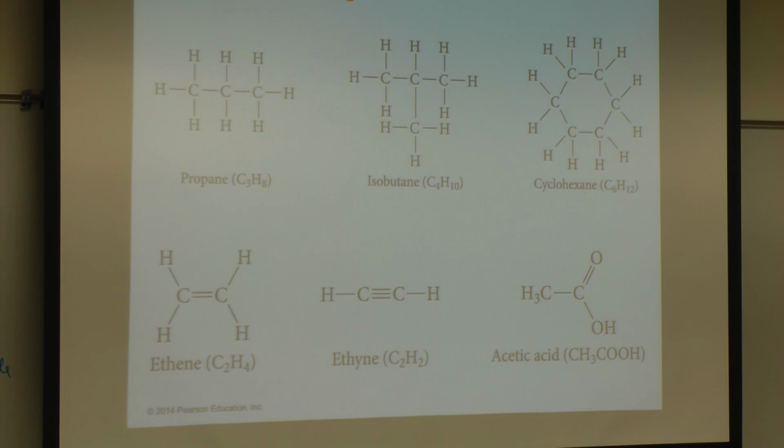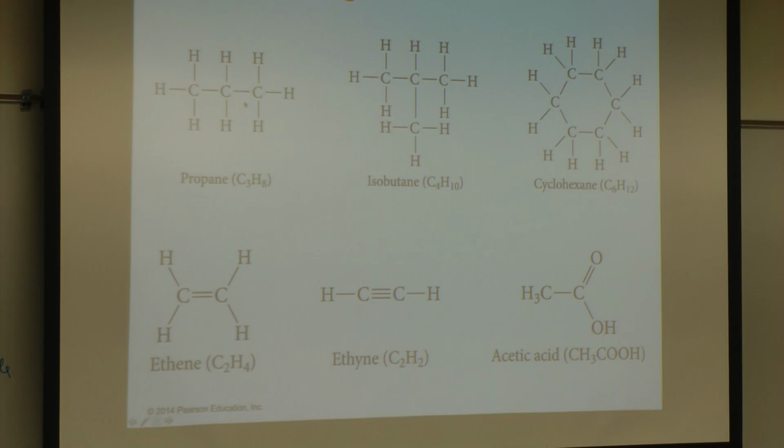And so here's the gas that we use in our grill, and here's our vinegar, and all these other ones we'll just pass for now. But these are the different types of structural formulas. So not only can you make straight chains, right?